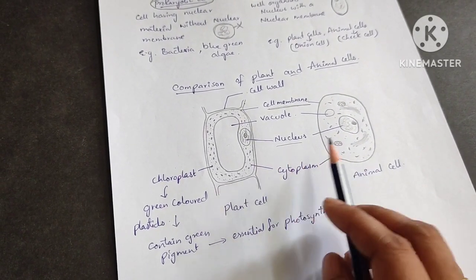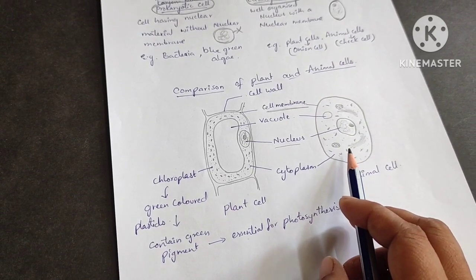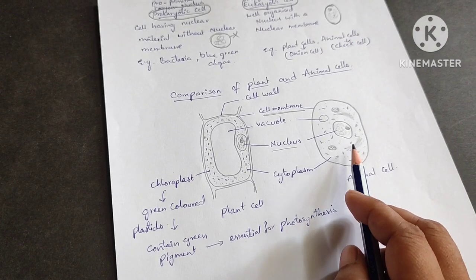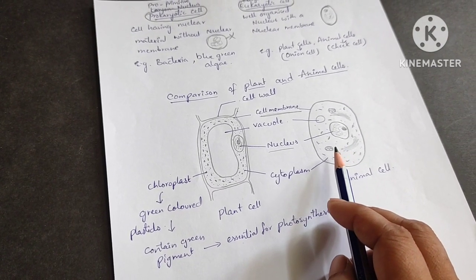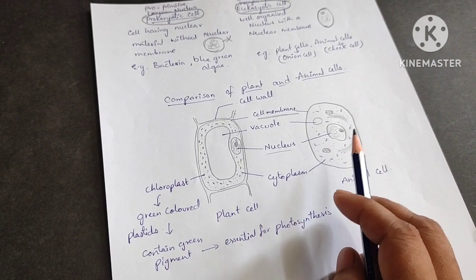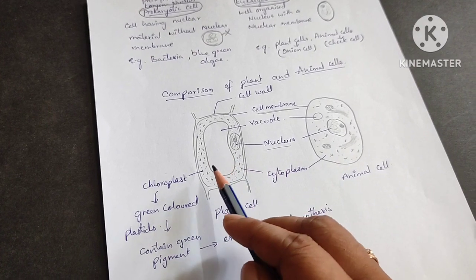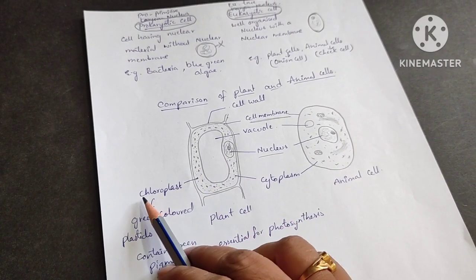In both cells cytoplasm is present, and inside the cytoplasm are cell organelles like mitochondria, Golgi complex, endoplasmic reticulum. You can learn about all these cell organelles in your next classes. One more important feature in plants is the presence of chloroplast.